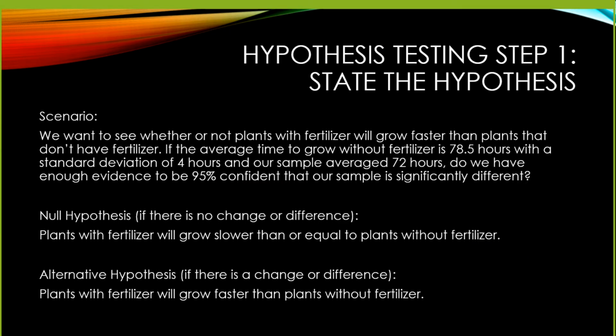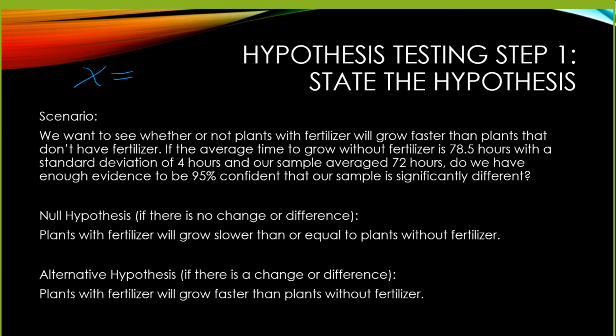So here's our fertilizer with plants again. In this case, I want our plants to grow faster than plants without fertilizer if I give them the fertilizer. So that means my experimental group, or chi, will be our plants that have fertilizer.